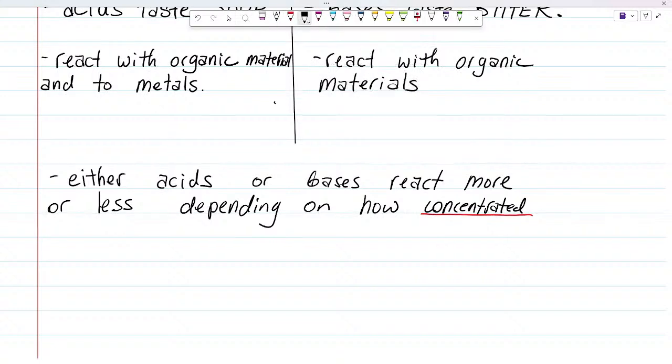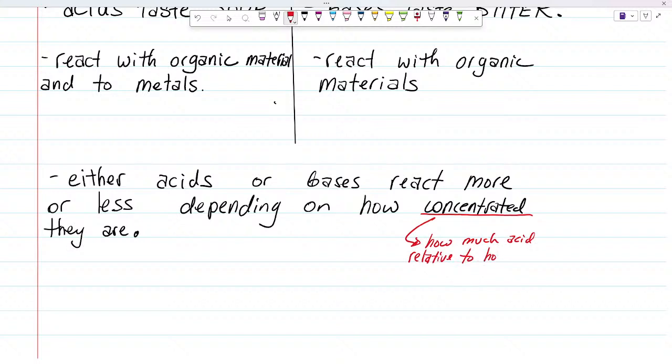Does anyone know what that means? That is how much acid relative to how much water. Or how much base, yeah.